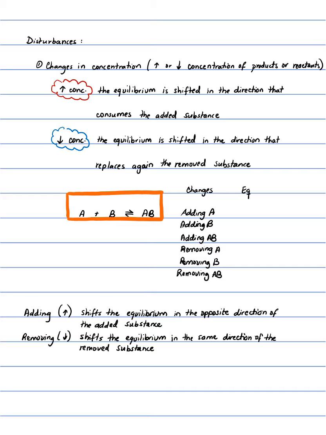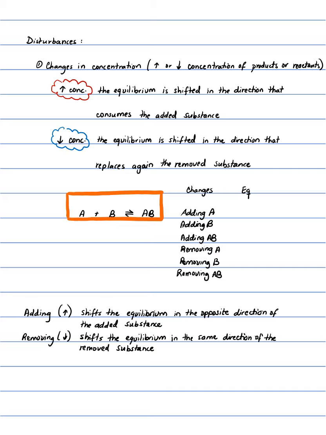So whenever you're adding a substance, the equilibrium will be shifted in the opposite direction. When the equilibrium is shifted in the opposite direction, you're using up that added substance to form something else.